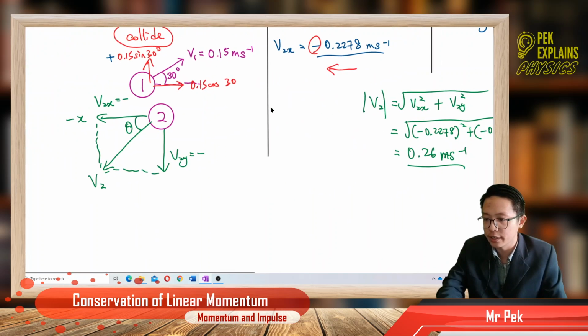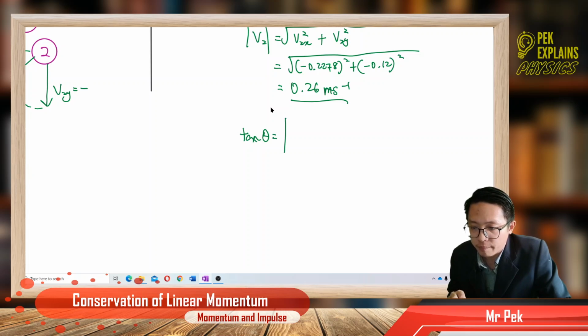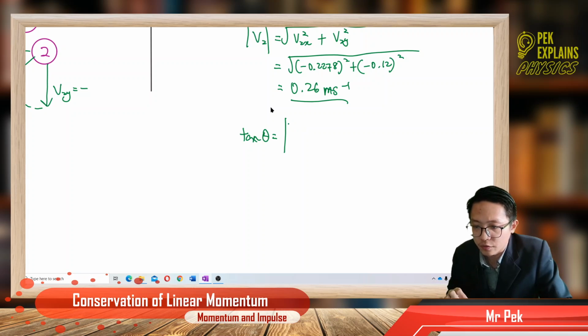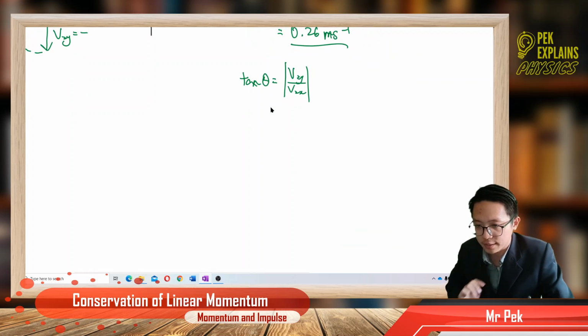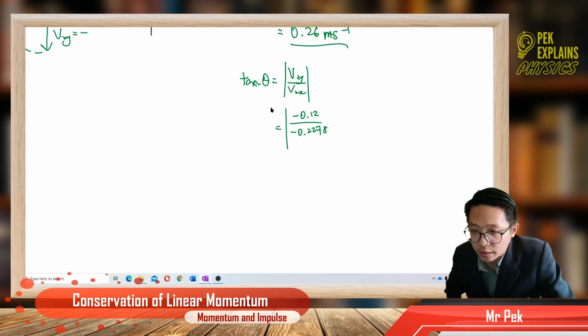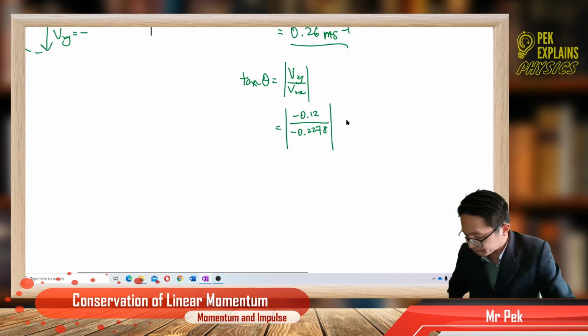Now we want to find the direction. For direction, use tangent theta. Tangent theta is V2y over V2x. Modulus, so we want to remove the negative sign. V2y is negative 0.12, V2x is negative 0.2278, so the negative is removed because of the modulus.